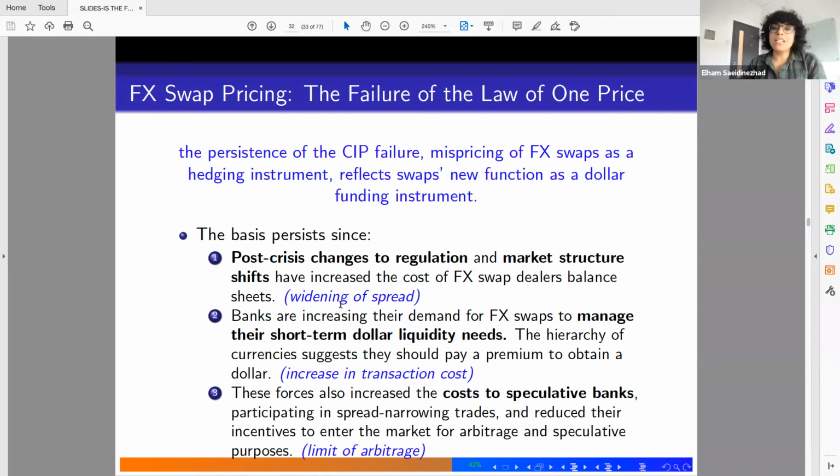So the second important reason that the basis persists is that the banks are increasing their demand for FX swap to manage their short-term dollar funding requirements. We said that in this case, the banks are posting a lower quality collateral. If they want to raise dollars in the FX swap compared to going to the repo market directly, they have to pay a form of premium. And this premium is exactly what we are seeing here.